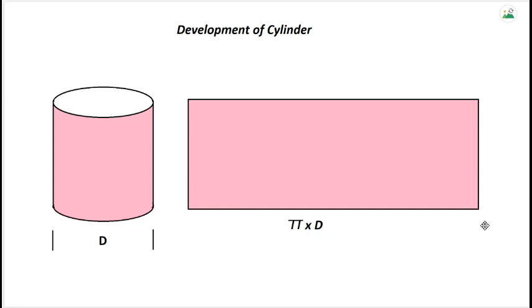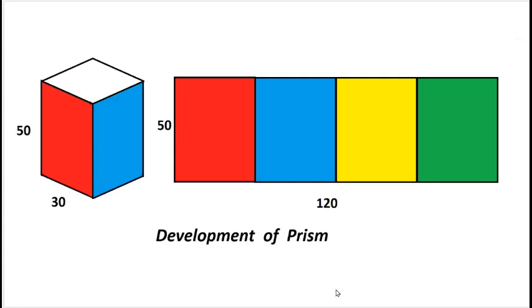In short, if you take a piece of paper of length pi d and height equal to the height of the cylinder, and wind it around this cylinder, it will be completely wound. If you take the length slightly more than that, then some part may overlap, and if you take the length less than pi d, then it will not suffice. So this is the concept of development of a cylinder.